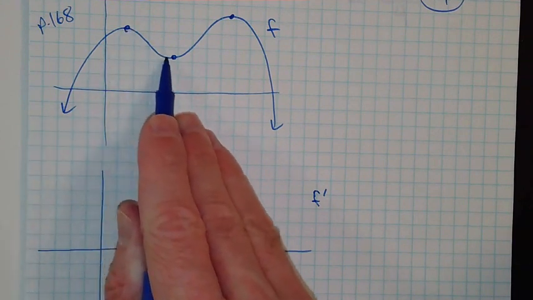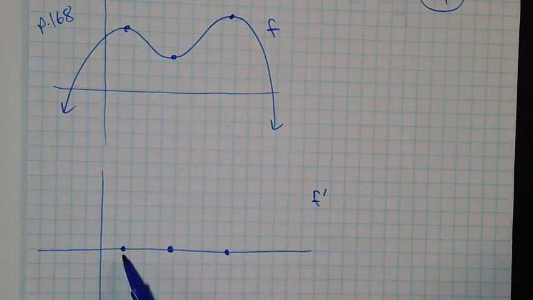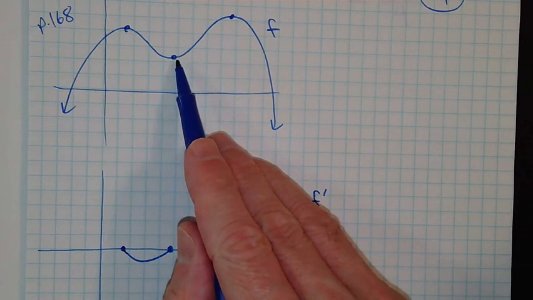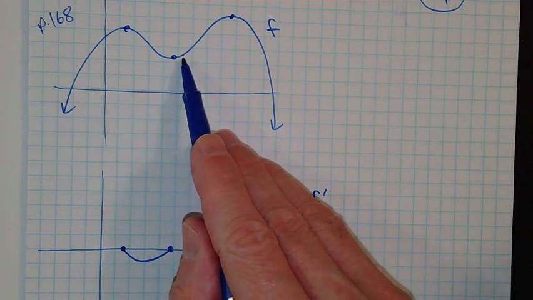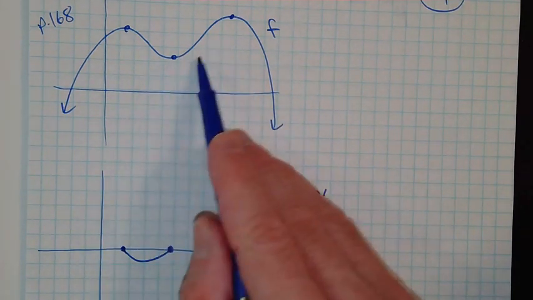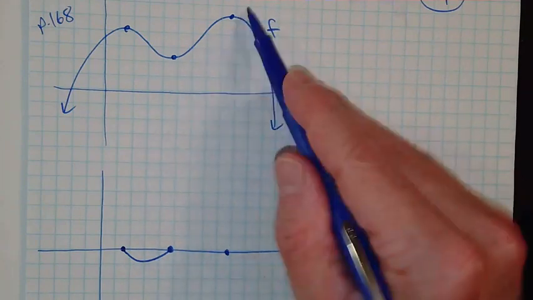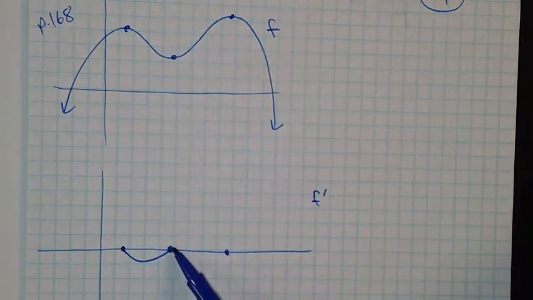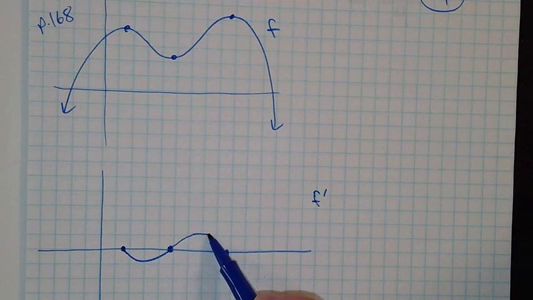This graph is decreasing, which means the derivative is going to be negative. Fairly low values at first, and then getting to larger values. And then switching to positive. Slope of a tangent line is a positive small number, a little bit steeper, and then leveling off. So we'll have positive small, positive a little bigger, and then positive smaller.